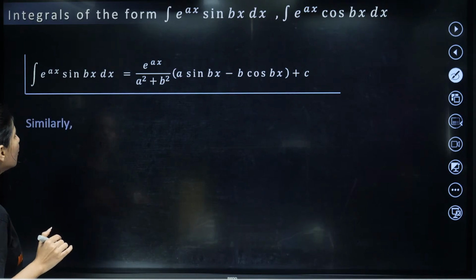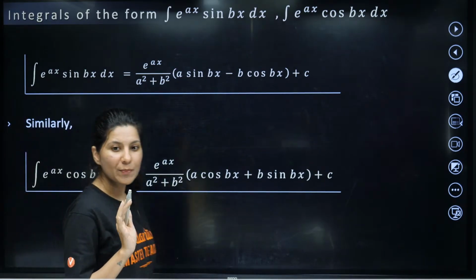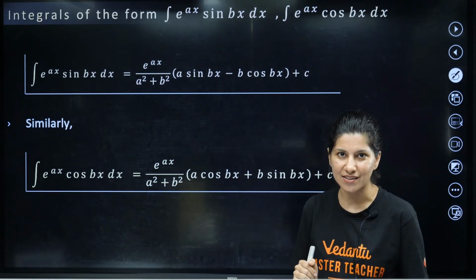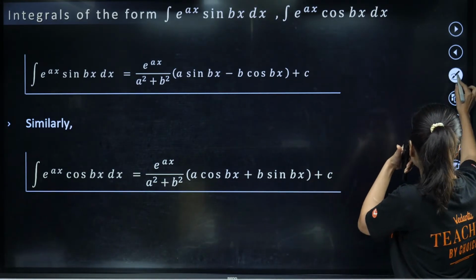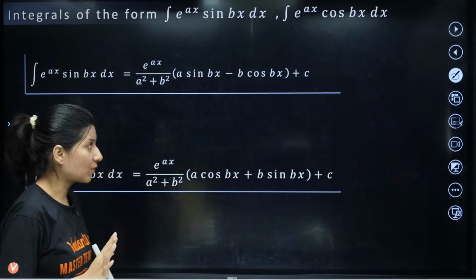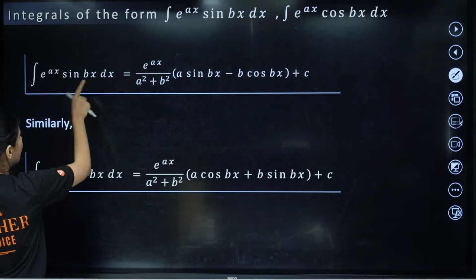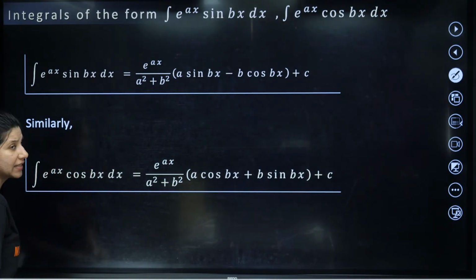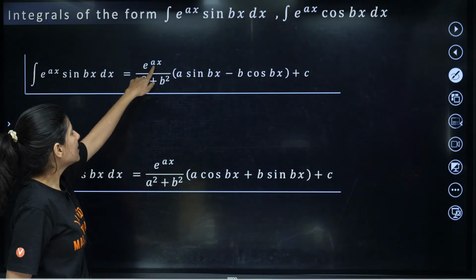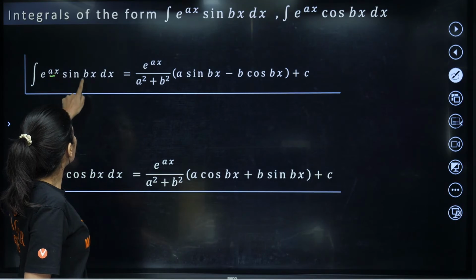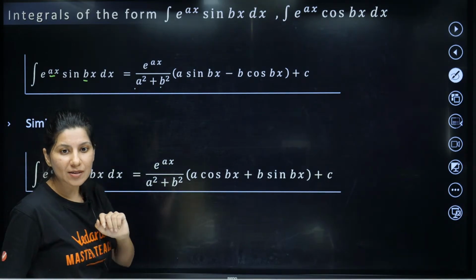I will give you two important formulas, because I don't want you to waste time in calculating this. So just allow me to give you a direct formula for this: e raised to power ax sin bx or e raised to power ax cos bx. So e raised to power ax will be there. In the denominator there will be a square plus b square.